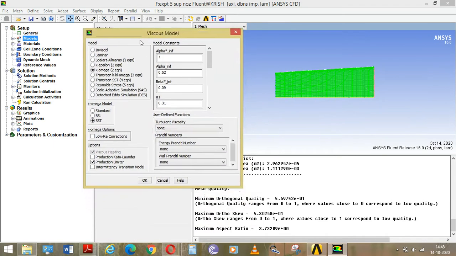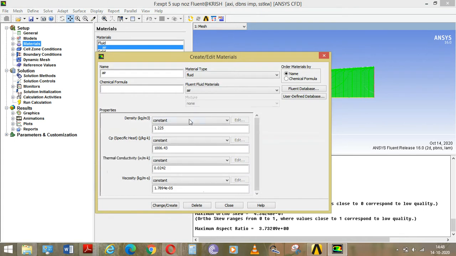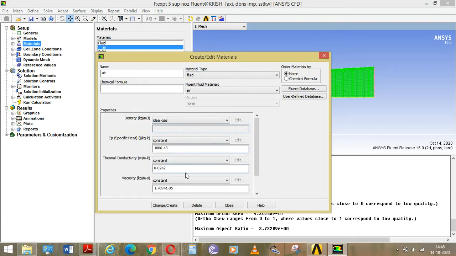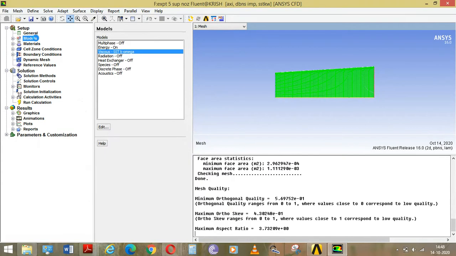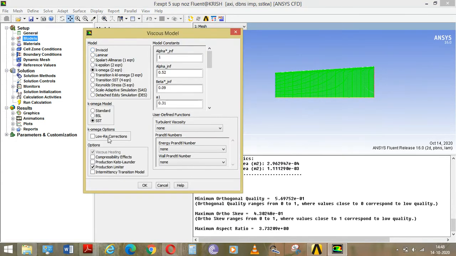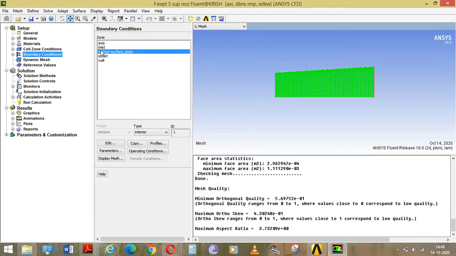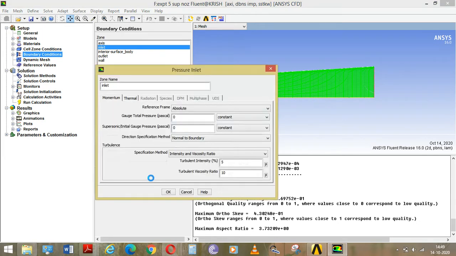You can see here there is no compressibility effect option because the air is constant density. So now we have changed it to ideal gas, Sutherland. Now in the models you will get the compressibility effect option. Materials is done. Boundary conditions, change it to pressure inlet.